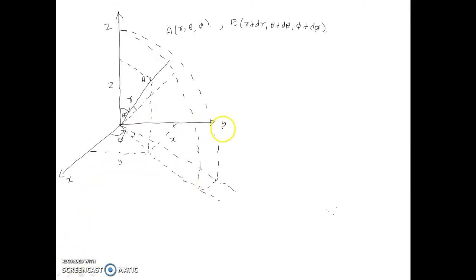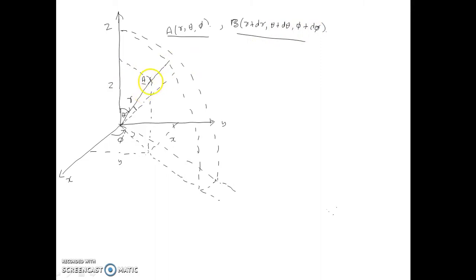Now let us try to obtain differential length, differential volume, and differential surface in the spherical coordinate system. So let us consider the point A, which is given by r, theta, and phi, and this point is obtained by incrementing r by dr, theta by d theta, and phi by d phi.